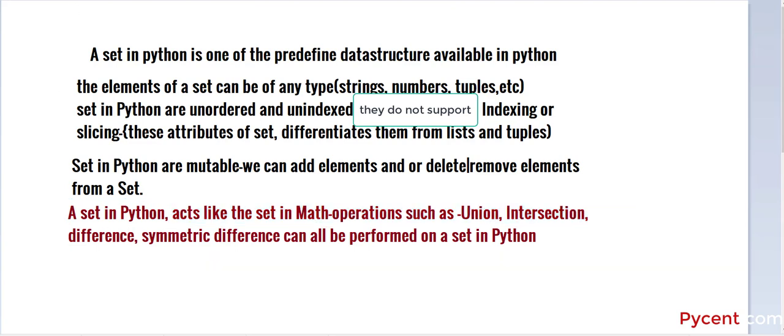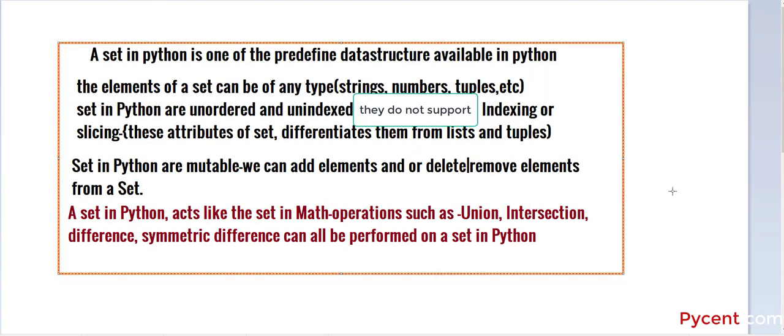So we have got a fairly nice picture of the set in Python. Having given you this definition, let me start off with the first mission. What's the first mission? The first mission would be, how do we create a set?